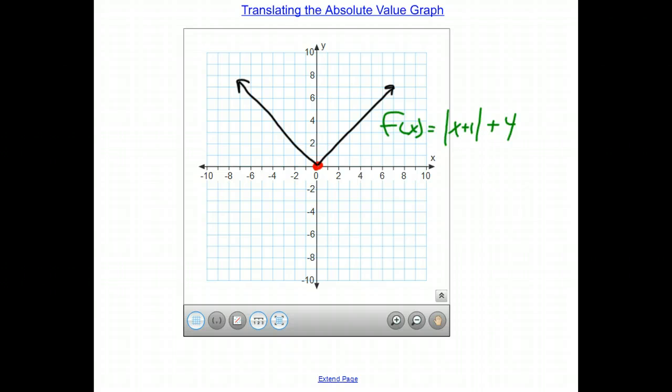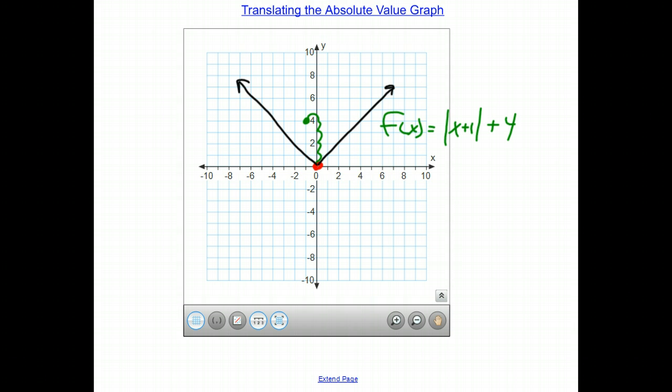So what's going on here? We know vertical shift up 4, so this point is going to be moved up 4, and it's going to be moved to the left 1. All right, so now this point, instead of being at 0, 0, is now at -1, 4.